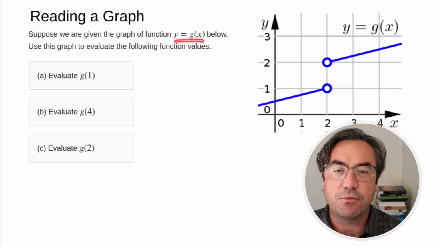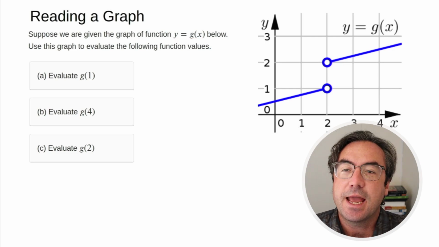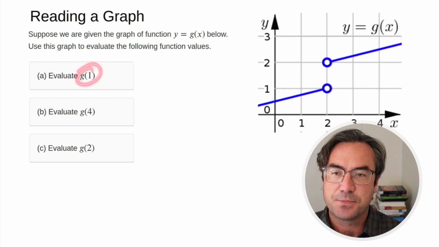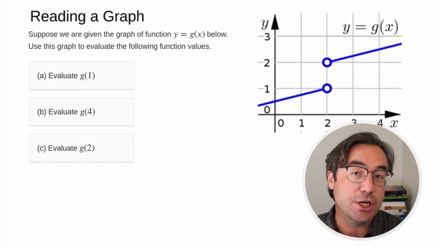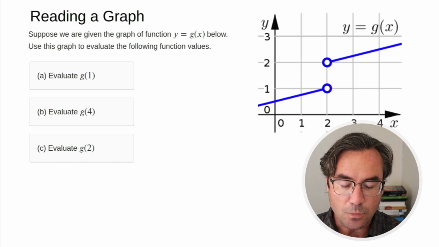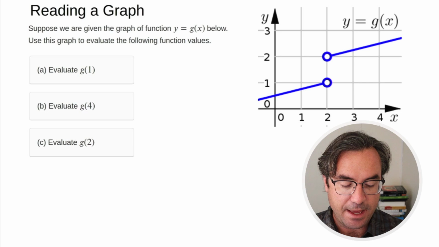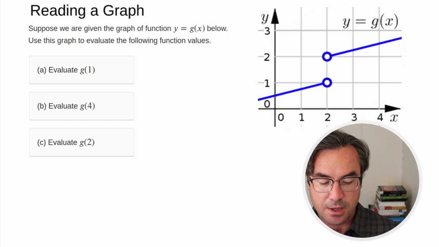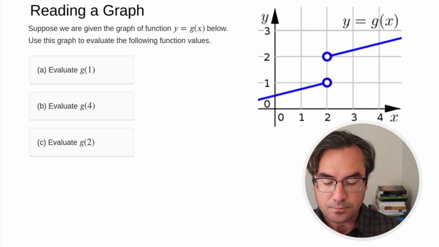We're given this graph y equal to g of x, and we're going to evaluate this function at a few different x values. So we're going to evaluate g of 1, g of 4, and then g of 2. Okay. And we see the graph of our function over here. So let's start with the first one.